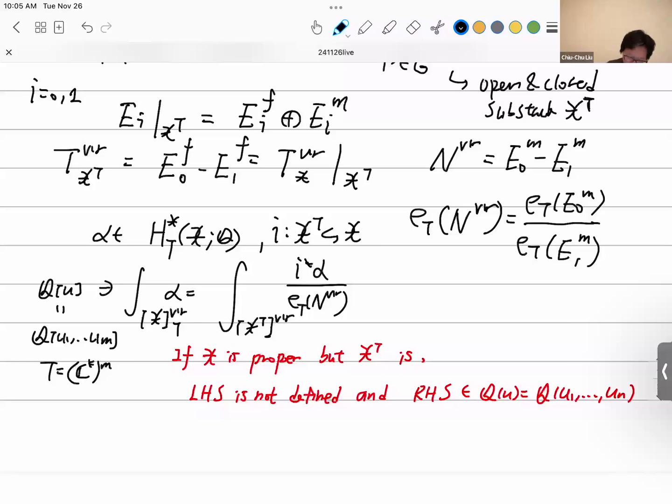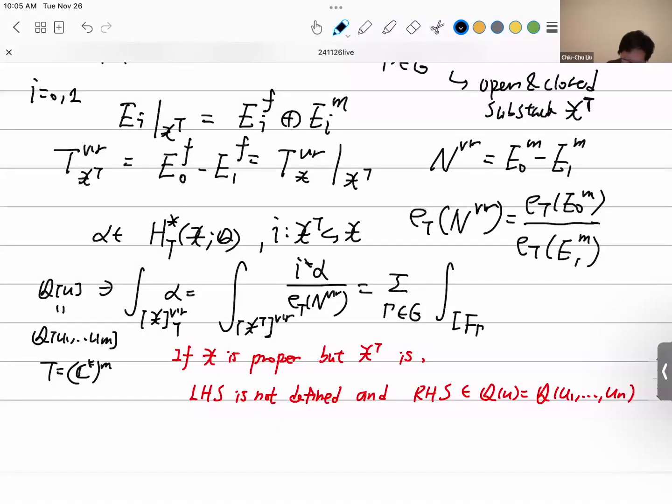And this equivariant Euler class is invertible, so we can write it as follows: sum over F, the different components.